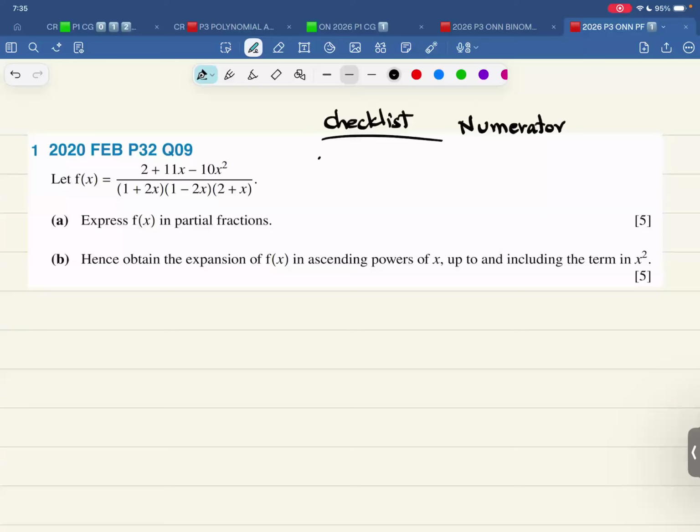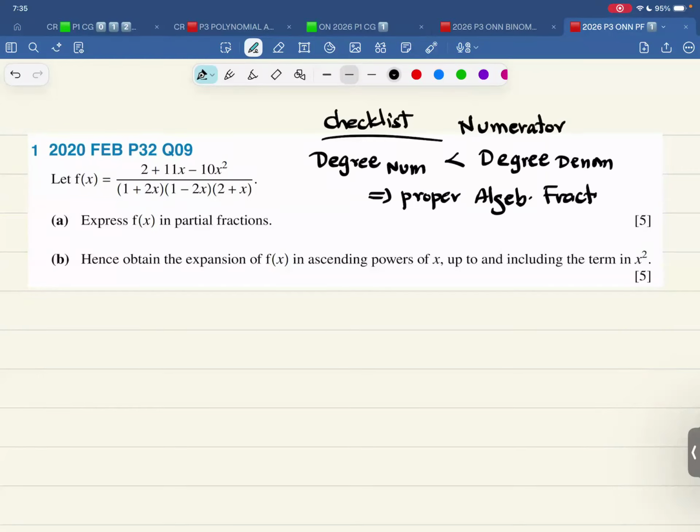If the degree, the highest power of the numerator, is lesser than the degree of the denominator, it's a proper algebraic fraction. And then you would look at the denominator and then decide the case.